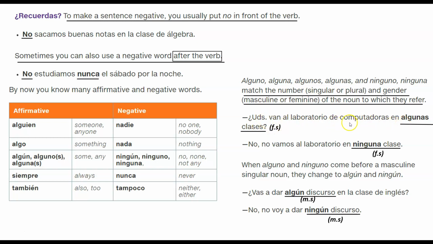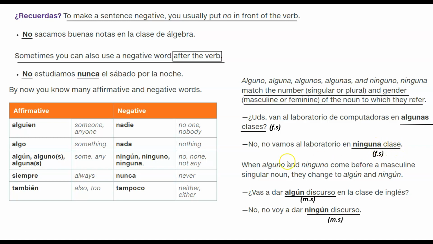Do you all go to the computer lab in some classes? Classes is plural and feminine, so this is plural and feminine. No, no vamos al laboratorio en ninguna clase. No, we don't go to the lab in not one class. So notice clase is feminine. This is also feminine.